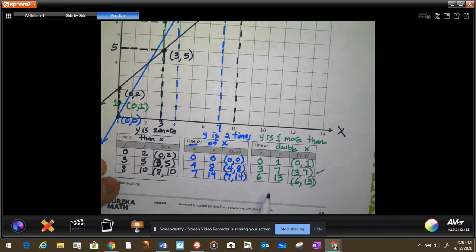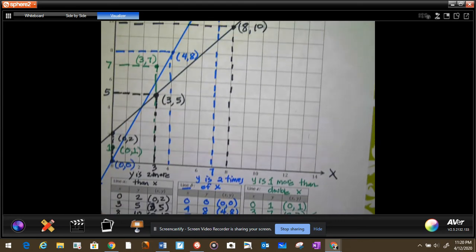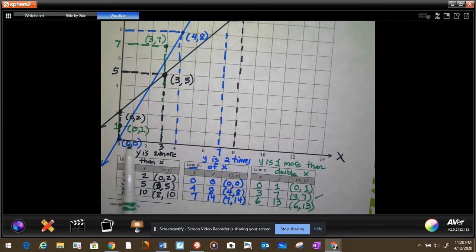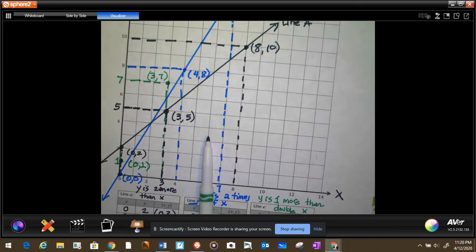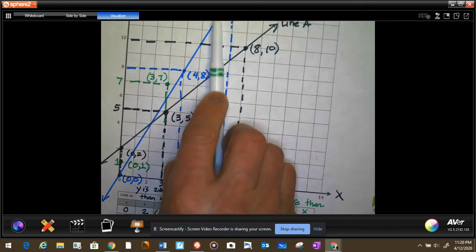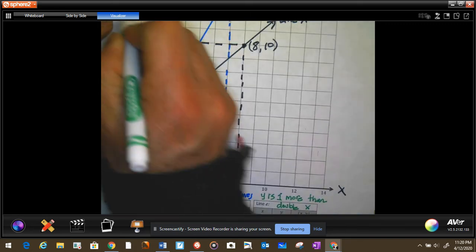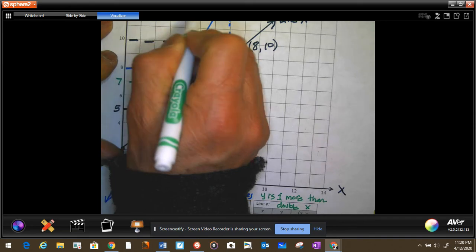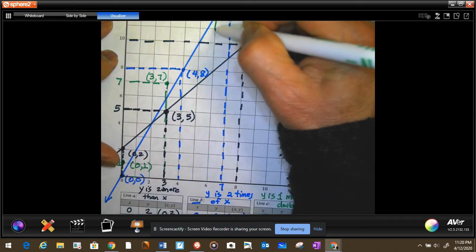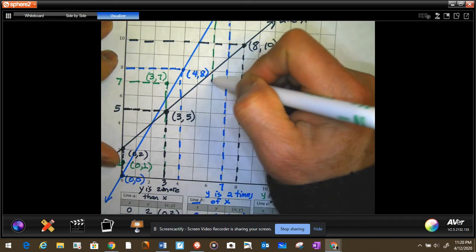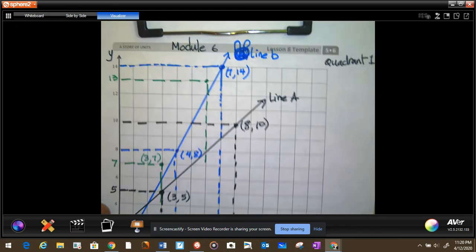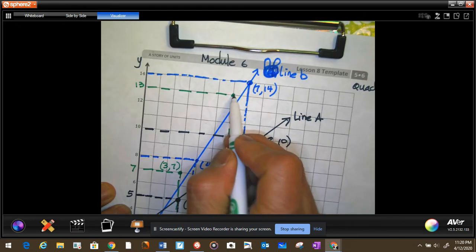The last one is 6 and 13. We run to 6 and jump to 13, all the way over here. See, 13 is between 12 and 14. You don't have to show these lines, I'm just showing them to you. Let me show you again. This is where we stop, this is 13.